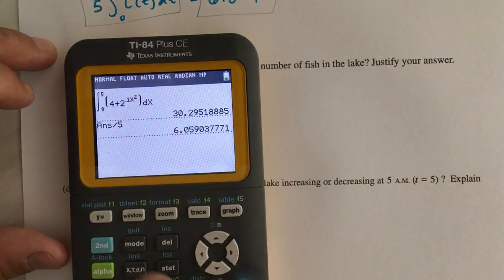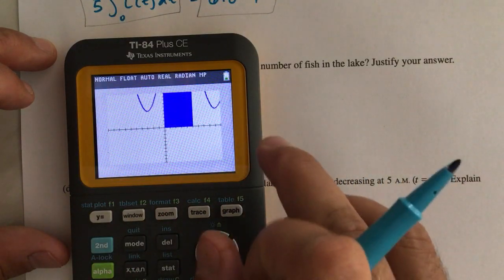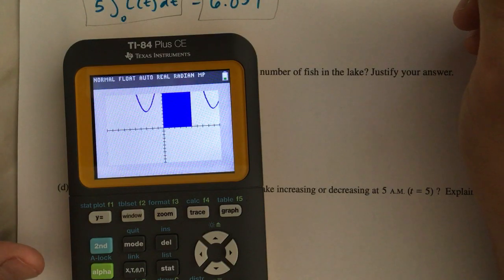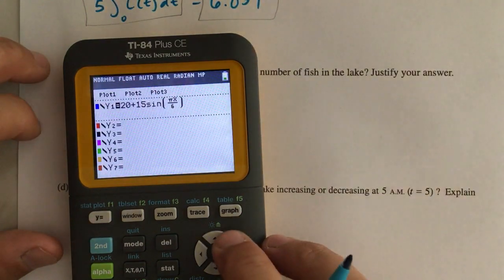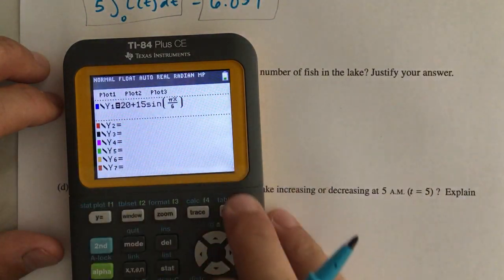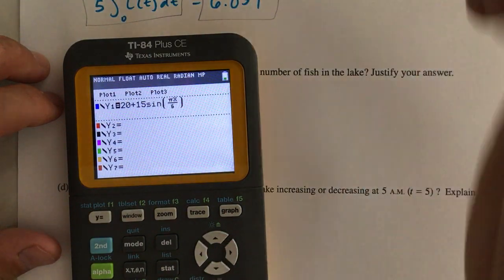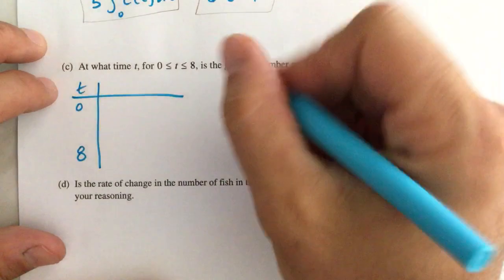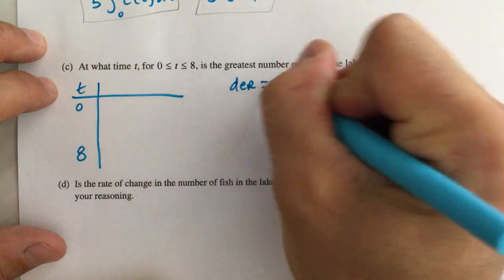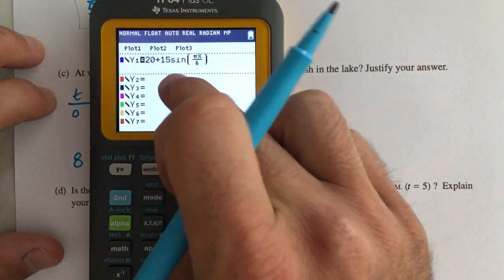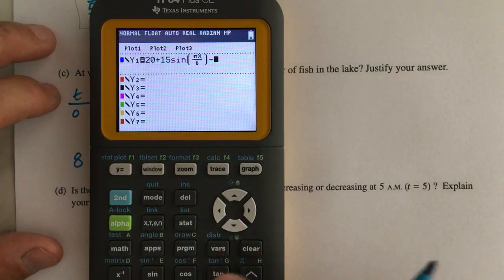So I think what I want to do is go back to my graph, and I could see where they crisscross. I could also just say this is the number of fish that are entering, and then I want to take away the rate. I want basically the derivative to equal 0, right? And we already have derivatives. This is one of the rates of change, and then minus the other one.